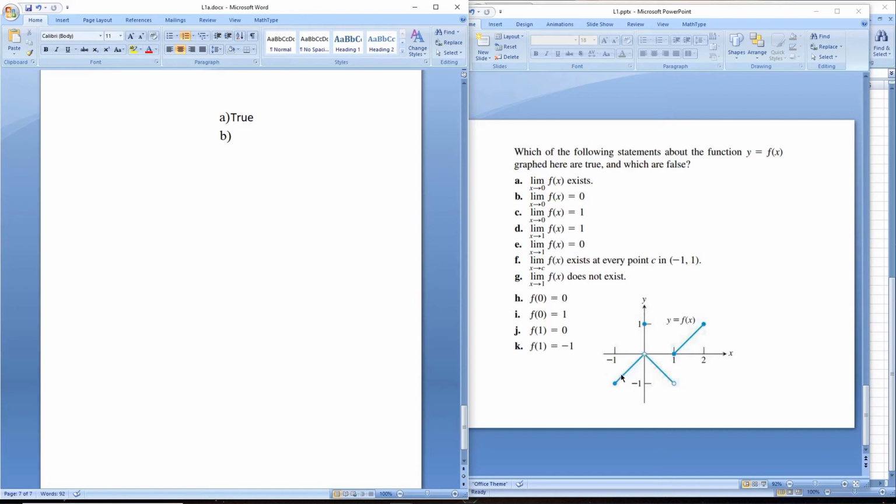As we approach from the left, the limit is 0. If we approach from the right, we also end up at a height of 0. So the left and the right limit equal, and they equal 0, which means then the two-sided limit is 0. And so that's true.